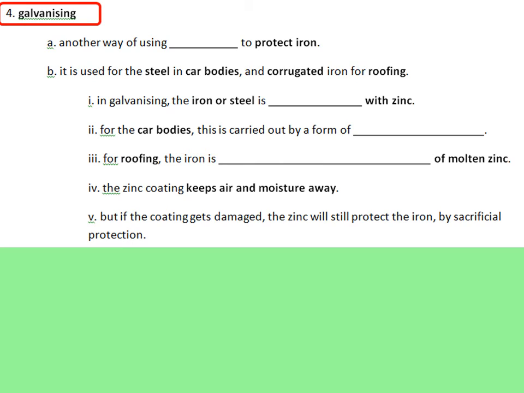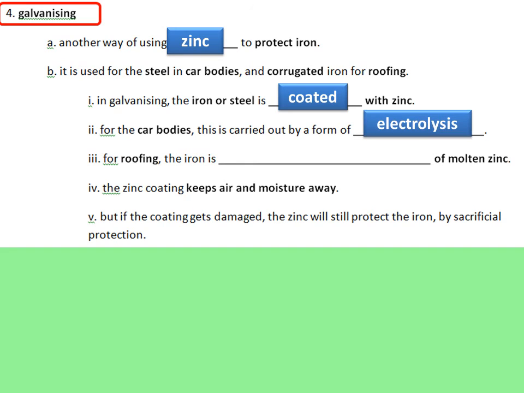So lastly, galvanizing. Galvanizing also is a way to protect iron. Use zinc to protect iron. So how? There are two things mentioned here. Number one, car body. How to protect the car body and how to protect the roofing. So B1, in galvanizing, iron or steel is coated with zinc. What happened to the car body? The car body can be coated with zinc by using electrolysis.